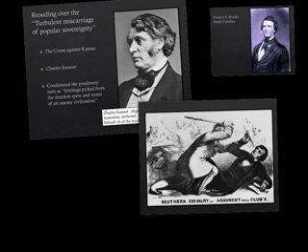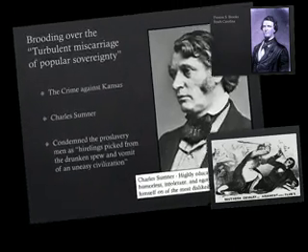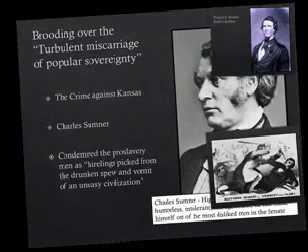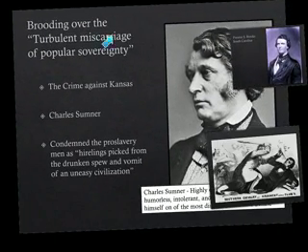So then we have a very interesting story here on page 401, where after this bleeding Kansas incident occurs, you have this miscarriage of popular sovereignty and the corrupt voting that existed in Kansas, the crime against Kansas.